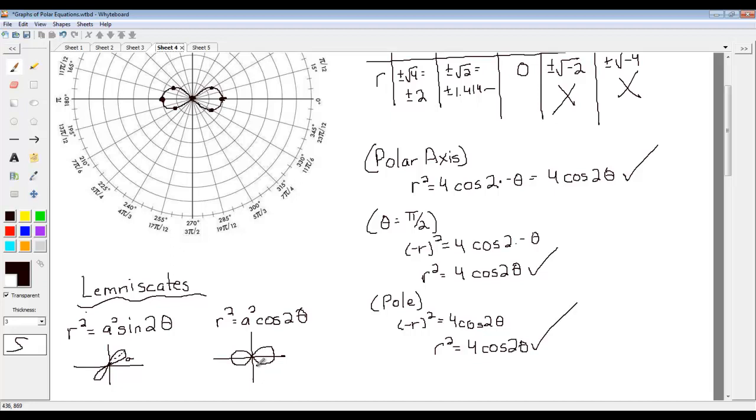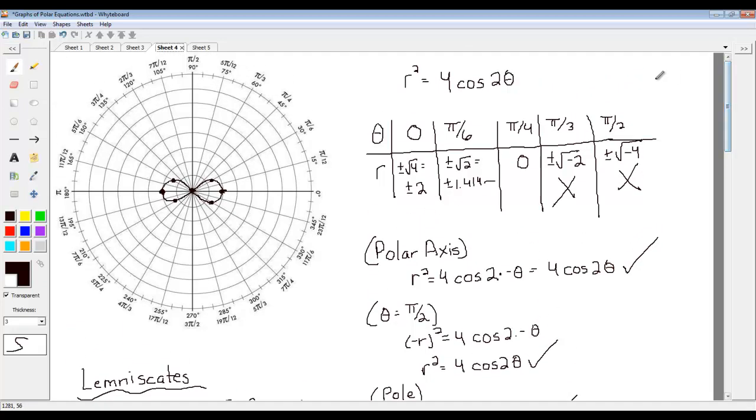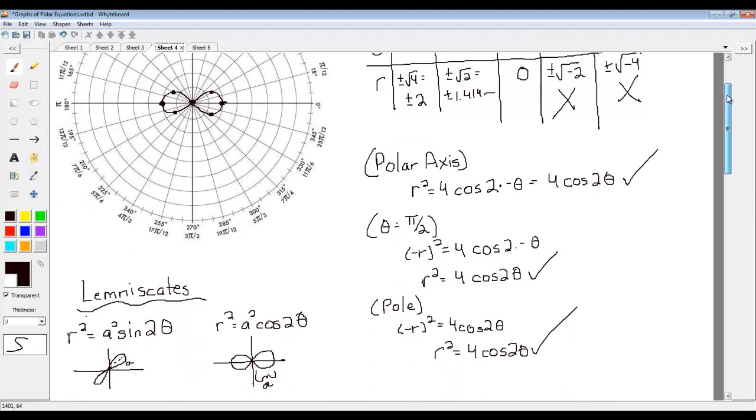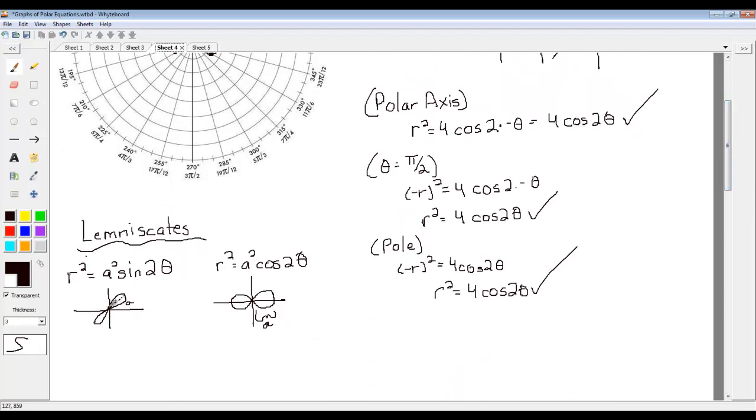And again, the length of the petal is a. So in this case, 4 was the a squared, so a is 2, so the length of our petal was 2. And since it's cosine, it's situated along that x-axis. If it had been sine, it'd be situated at an angle.